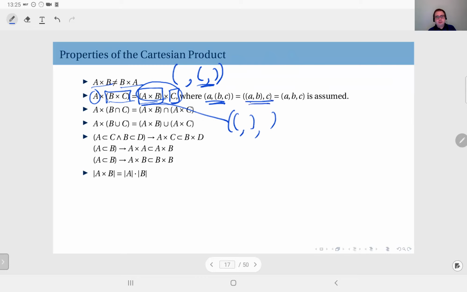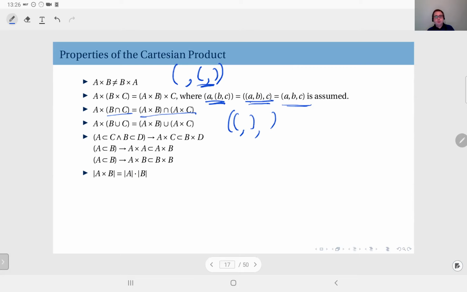Here we assume that both of these representations are equivalent, and essentially they form an ordered triplet. If you make this interpretation, then Cartesian product becomes associative.